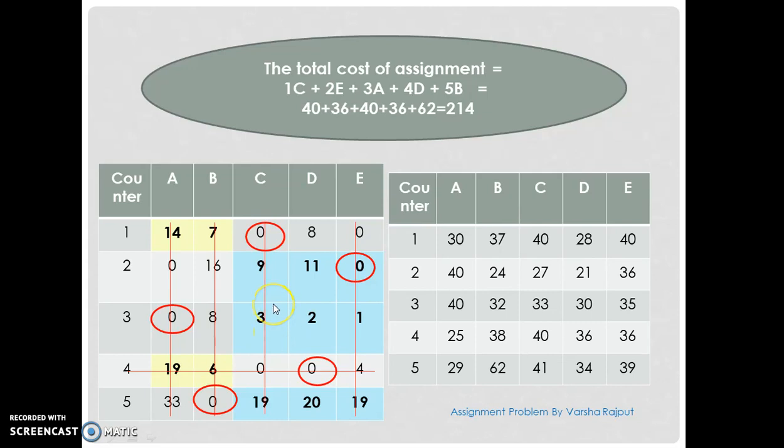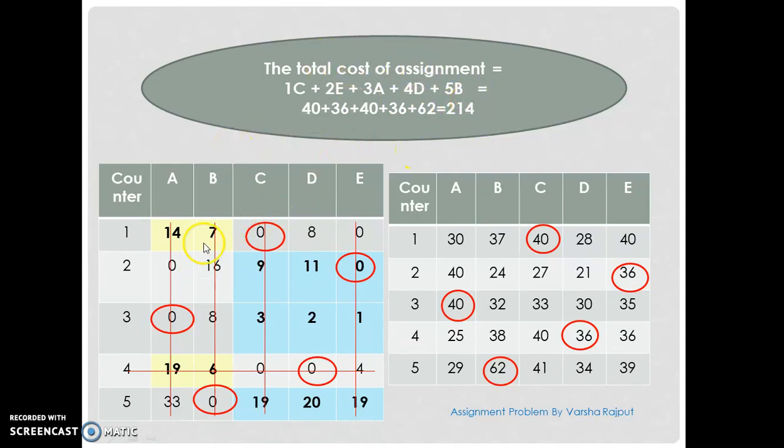So now we will get the maximum cost. Here the problem is one of maximization, maximum profit. So we will consider whatever matrix is given in the beginning, and we will assign values in that matrix. So the maximum cost will be equal to 40 plus 36 plus 40 plus 36 plus 62, which is equal to 214.